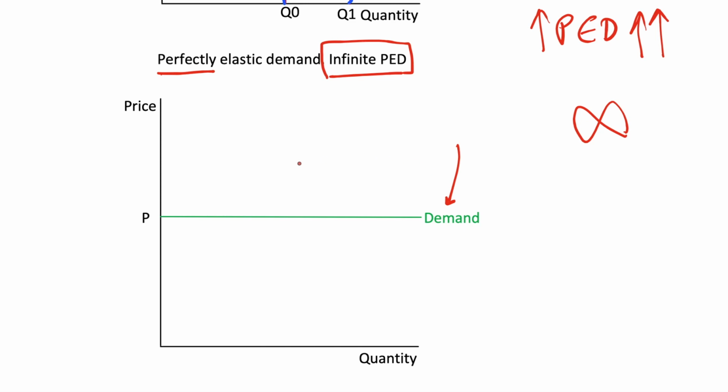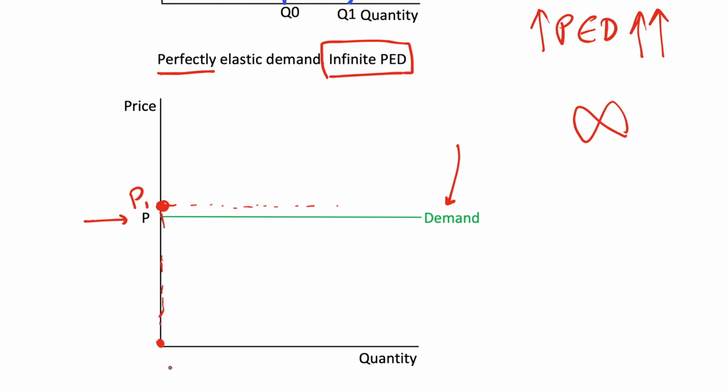So how do we interpret this? Well, consider that we start at this price P. Imagine that we increase our price even slightly. So we go up to this slight increase in P1. Well, where is our demand? Well, it's our quantity demanded. We don't have any graph to get to because this is a perfectly horizontal demand curve. It will go on horizontally forever. That's not very well drawn, but you get the point. And our demand is actually then, if we increase our price, going to be on the y-axis, the vertical axis.